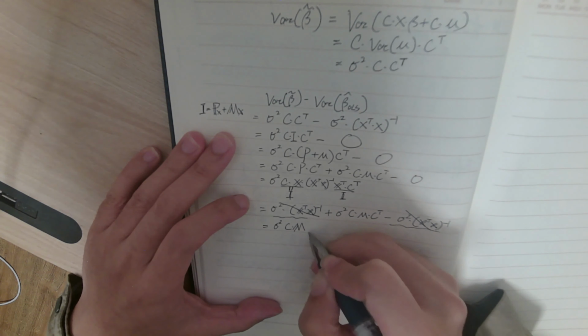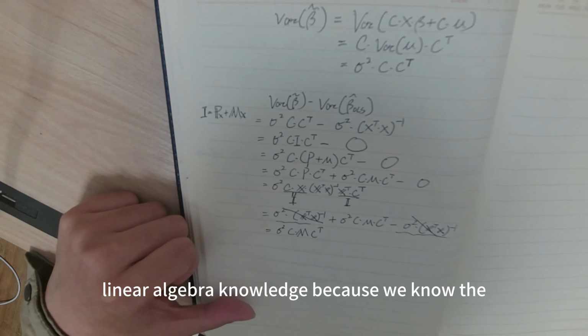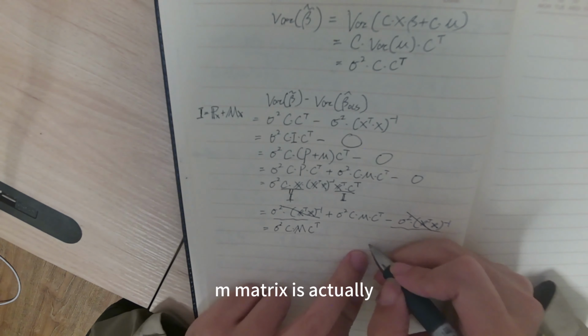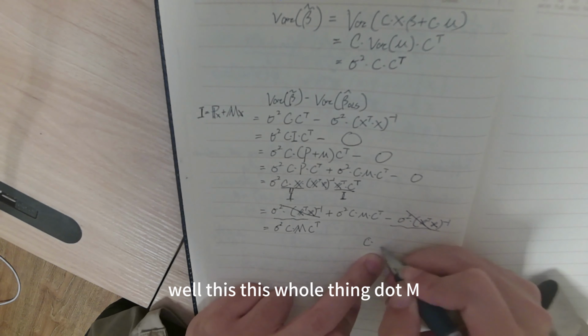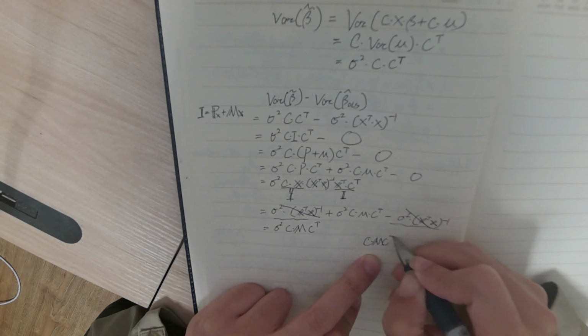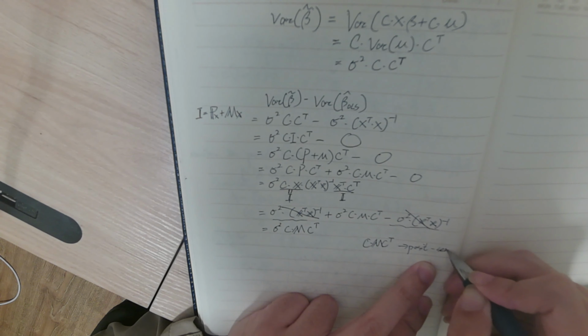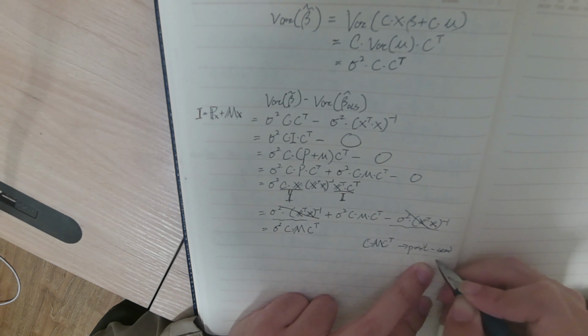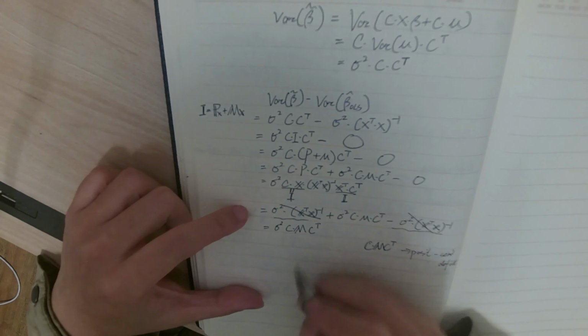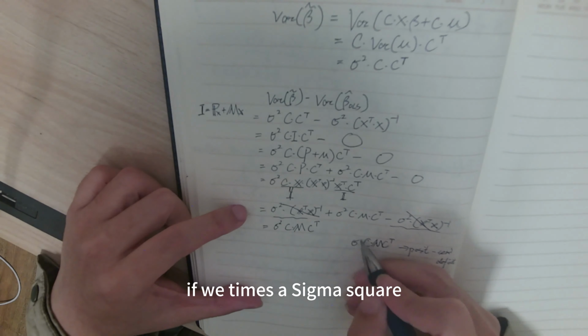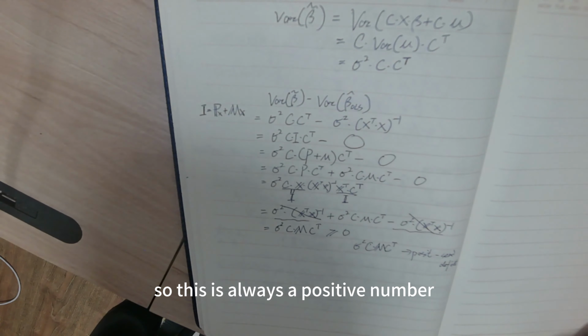And again, here's some linear algebra knowledge, because we know the M matrix, this whole thing C M C transpose, is positive semi-definite, which means if we multiply by sigma square, this should always be greater than or equal to 0. So this is always a non-negative number.